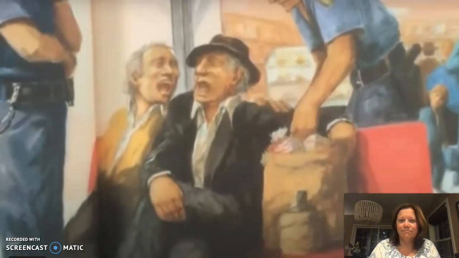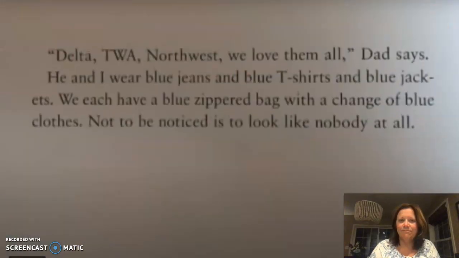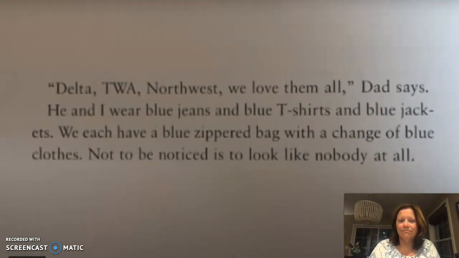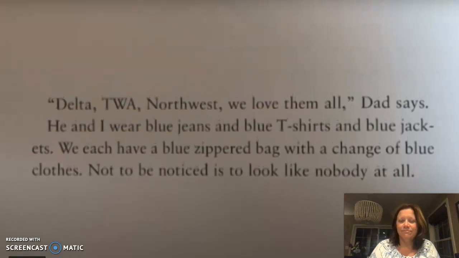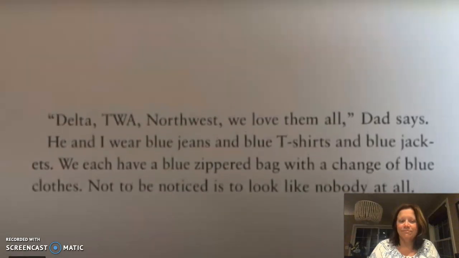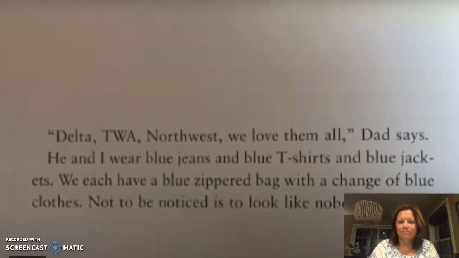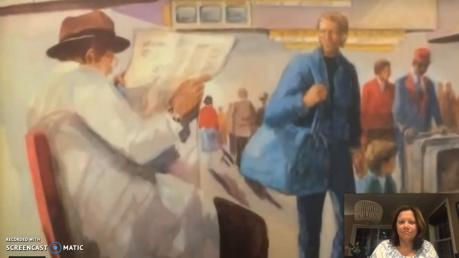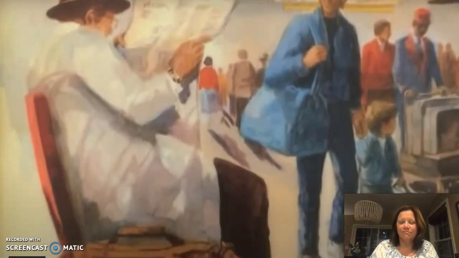We change airlines. Delta, TWA, Northwest, we love them all, Dad says. He and I wear blue jeans and blue t-shirts and blue jackets. We each have a blue zippered bag with a change of blue clothes.